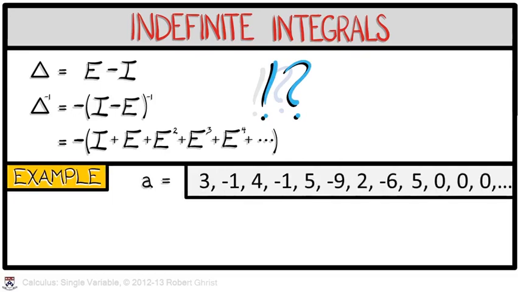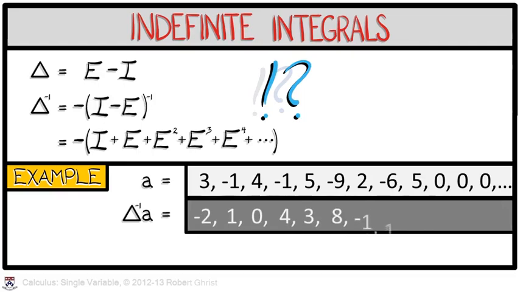Let's take a random sequence. Let's say 3, -1, 4, -1, 5, -9, 2, -6, 5. And I'm tired, so I'm just going to write zeros from now on. What would this delta inverse really mean? It means what?